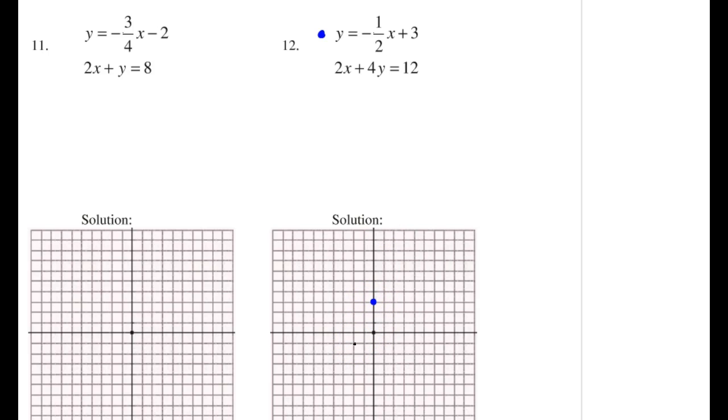And you can either go down 1, right 2, if you put the negative on the top. Or you can put the negative on the bottom, and then you go up 1, left 2. So either way, you'll get the same thing. If I go down 1, right 2, or if I go up 1, left 2, you see you get the same exact line. So it doesn't matter what direction you go in.